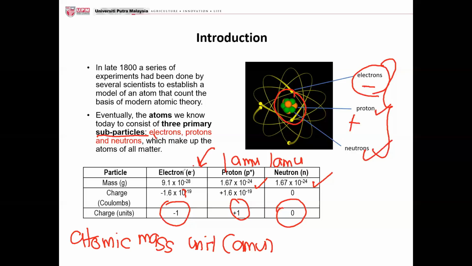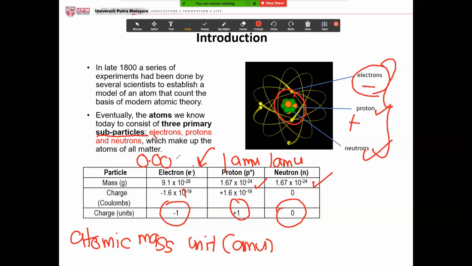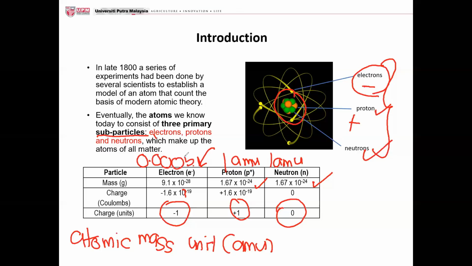If we look at the electron, the mass of electron is much smaller than proton and neutron. The mass is only 9.1 times 10 to the power of negative 28, so it is very small. The mass of electron is 0.0005 amu.